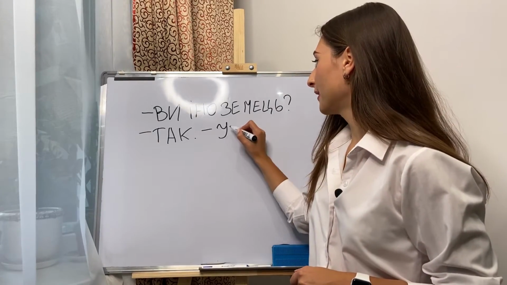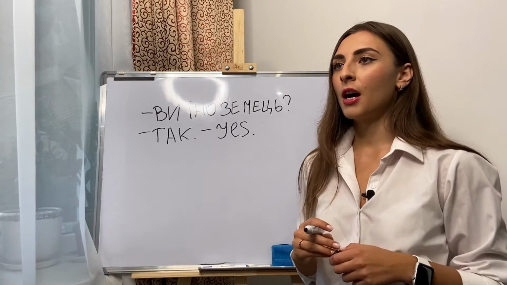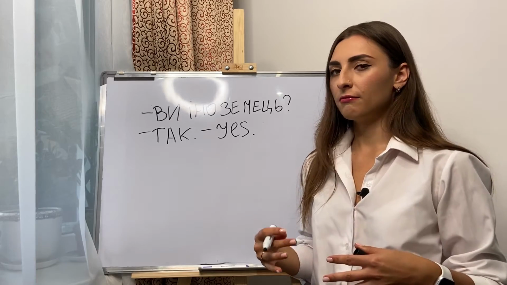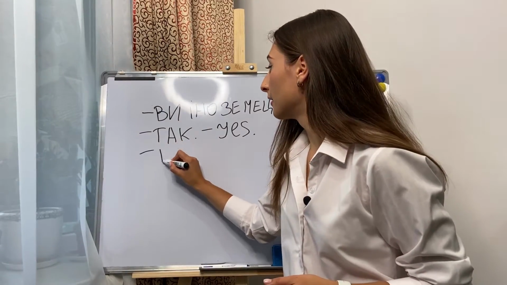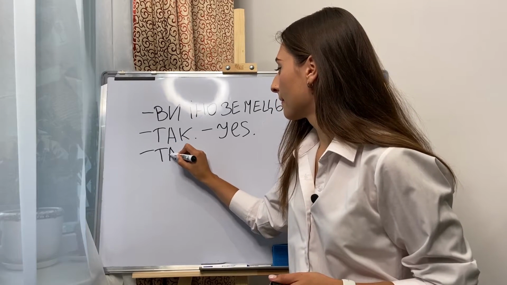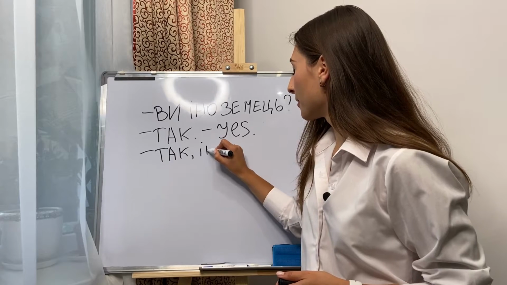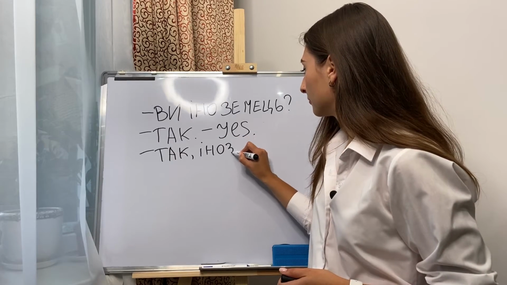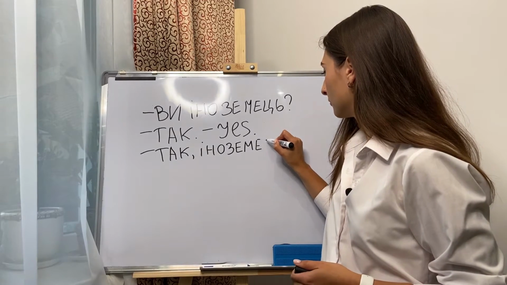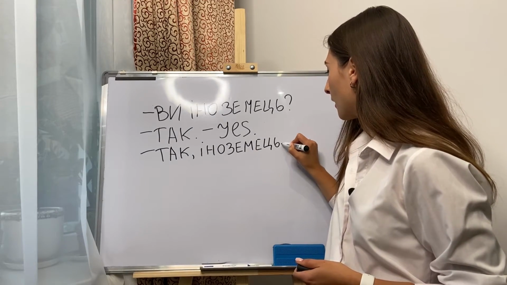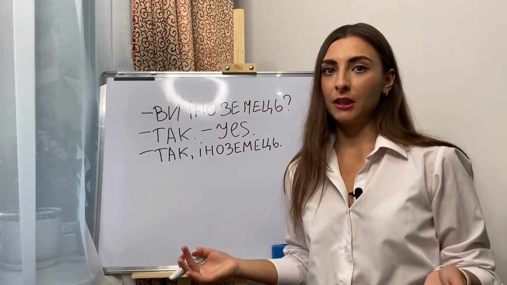I think it's clear, you just say yes. Okay, and how to say yes, I am? You can just say так, іноземець, which means yes, foreigner.